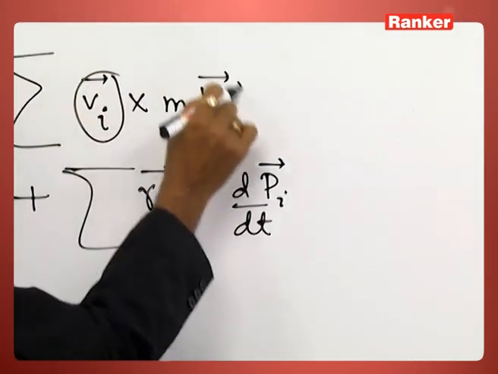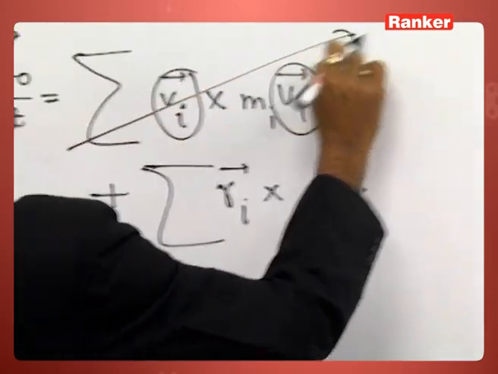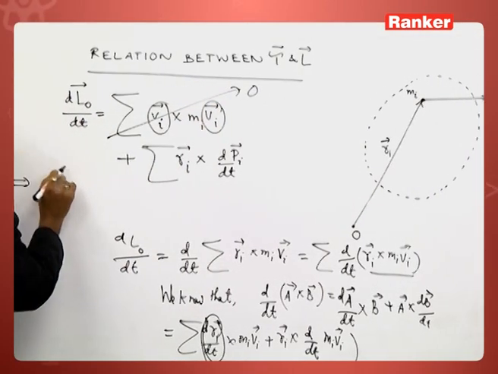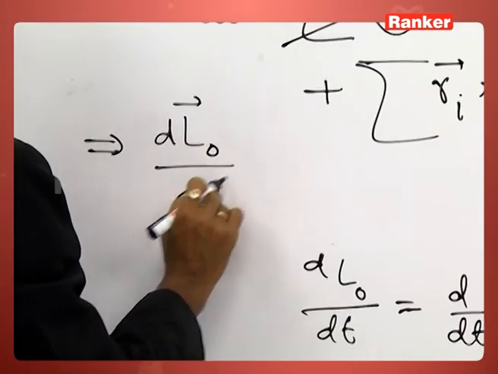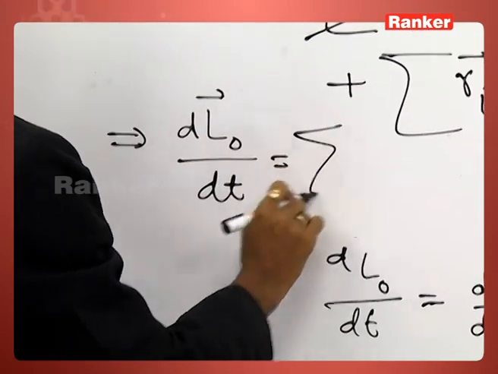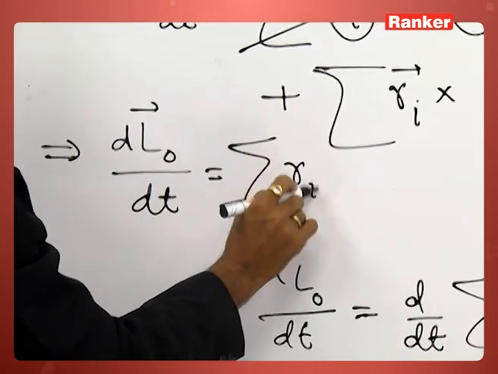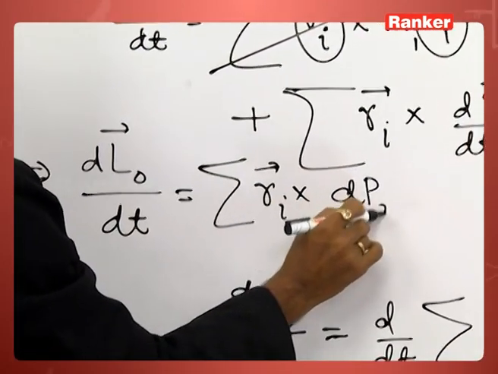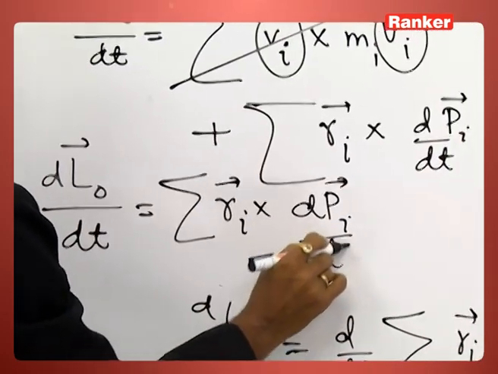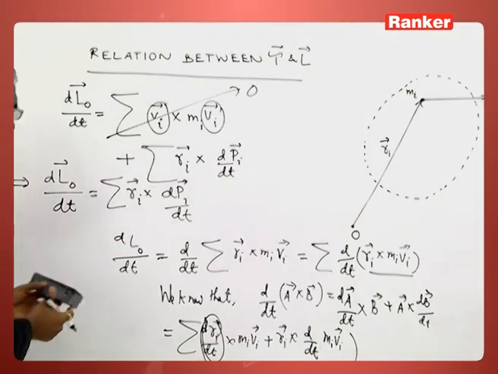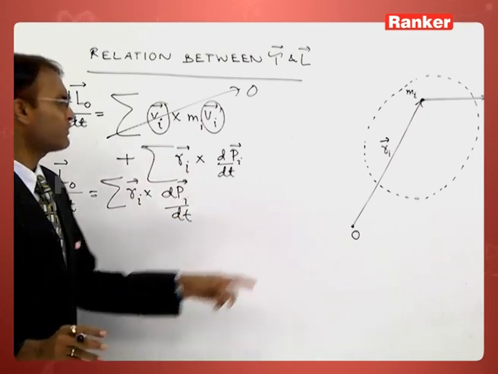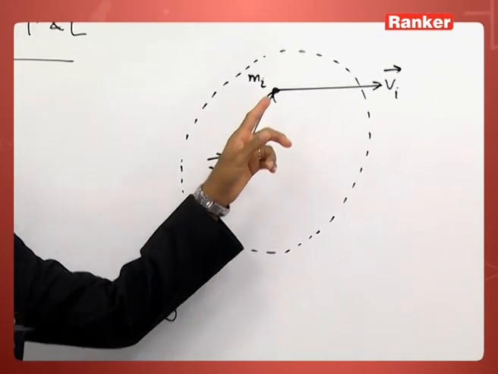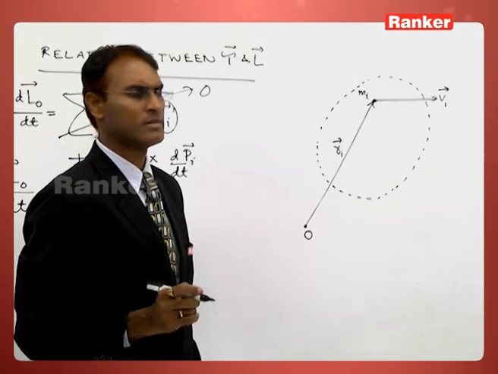Since Vi cross Vi is 0, this term will vanish. Therefore, we are left with the term on the right hand side, which is equal to sum of Ri cross rate of change of the momentum of ith particle. The rate of change of momentum of ith particle is equal to net force acting upon the ith particle.